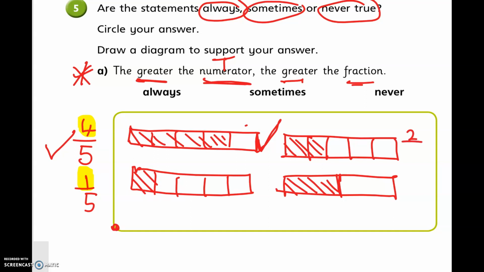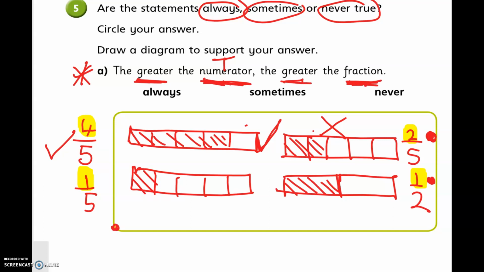This one is 2/5 and this one is a half, and it looks as if it's going to be a 1 again on the top, just the same as we had. Now this time it looks as if the bigger numerator, that's the 2, is bigger than that numerator, but it's a smaller fraction. So the greater the numerator, the greater the fraction is not always true.